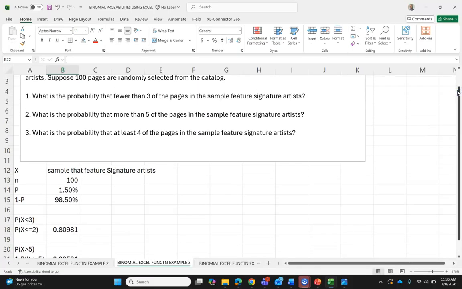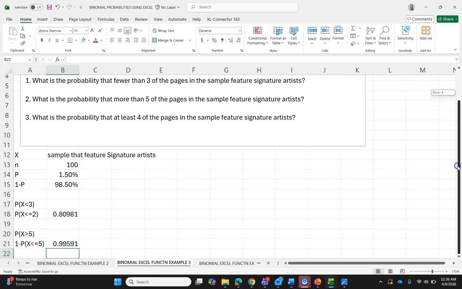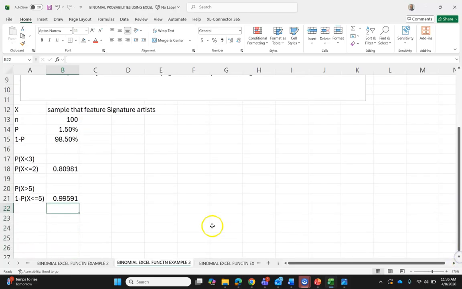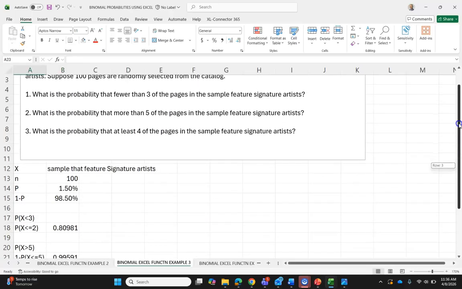So that is the probability that more than 5 of the pages in the sample feature the signature artist.